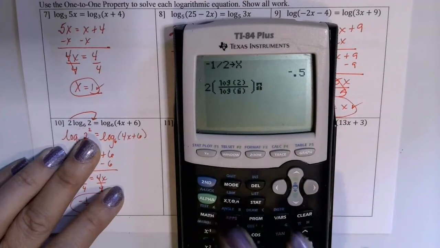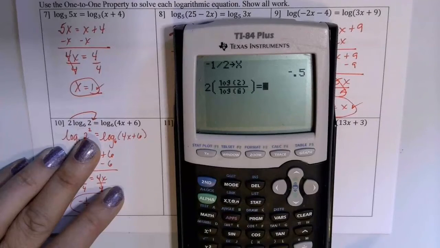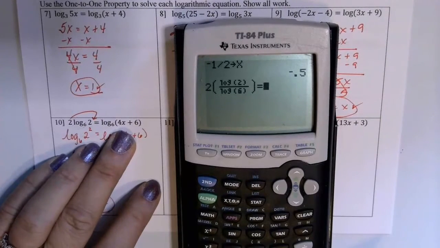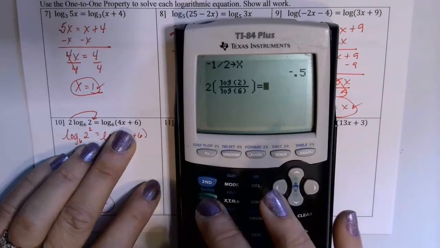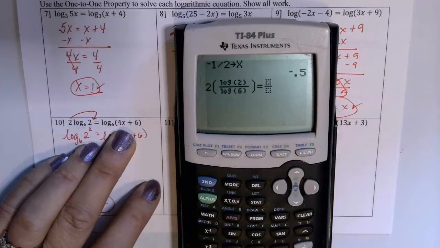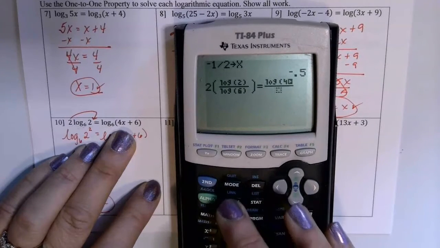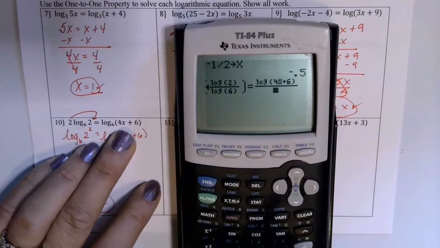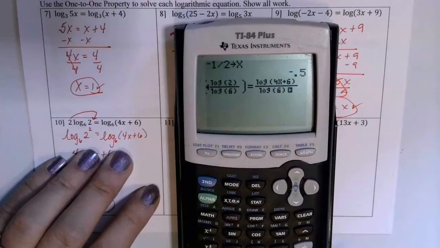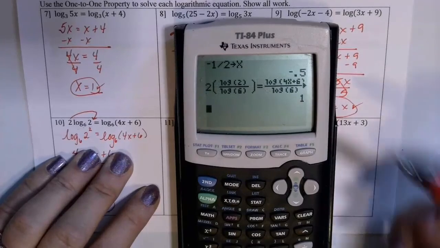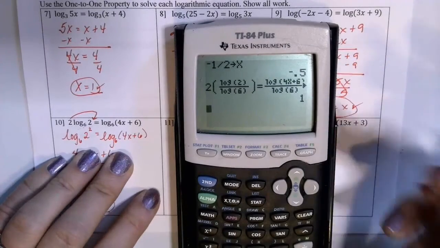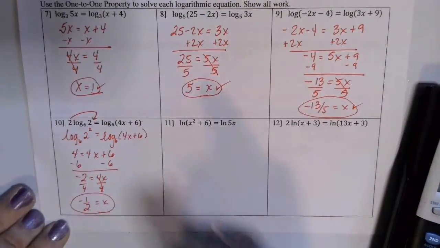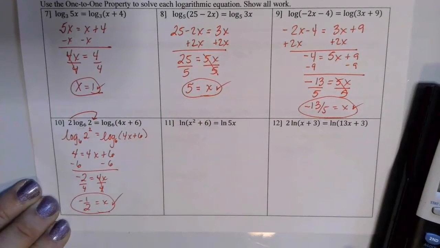Okay, and then that is equal to, and then on the other side, same thing, we'll have a ratio using the change of base property with a common log of the argument, 4x plus 6, divided by the common log of the base, which is log of 6. And we press enter, and we get a 1, and so we know that negative 1/2 checks.